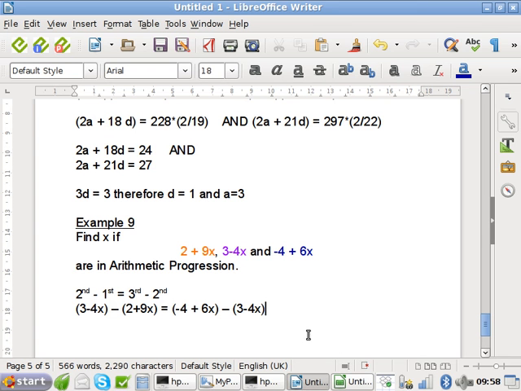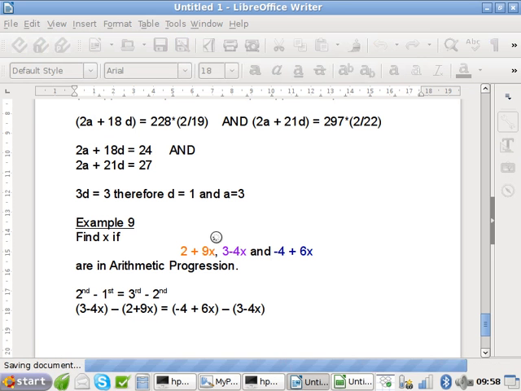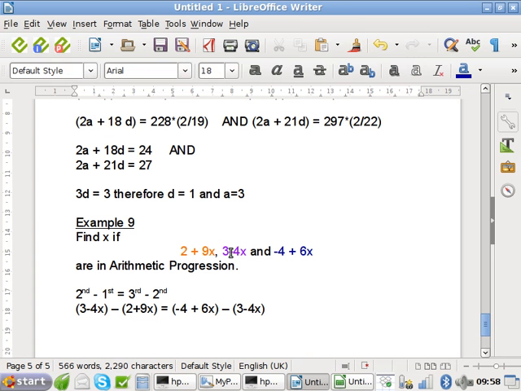Did I make a mistake? No. Are we good? So you just like the first one plus the last one, divide by the one in the middle. The first one plus which one? The first one. Yeah. 2 plus 9x. Yeah. Plus minus 4 plus 6x. Yeah.